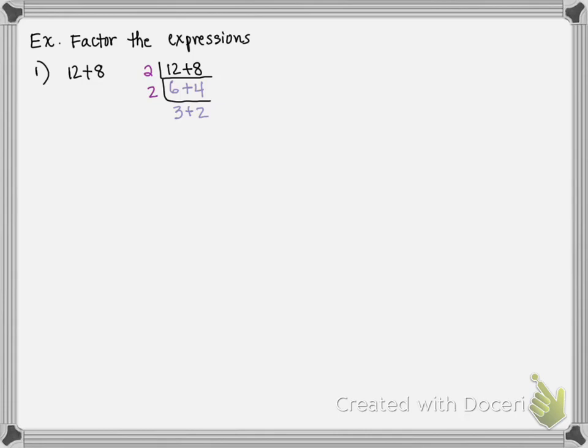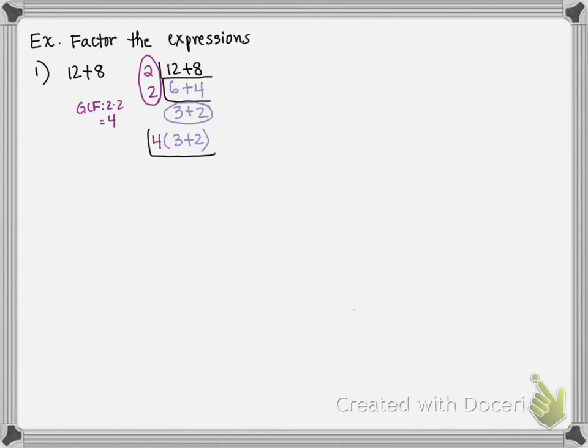Now, at this point, I don't have anything more that I can take out other than a factor of 1. So for my GCF, I look at the vertical values, and I'm going to multiply 2 times 2. So this is your GCF, okay? And that equals 4. So when I write my answer, I get 4. Now, the parentheses are going to hold the remaining expression. So we get 3 plus 2. And there's your answer. It's factored.